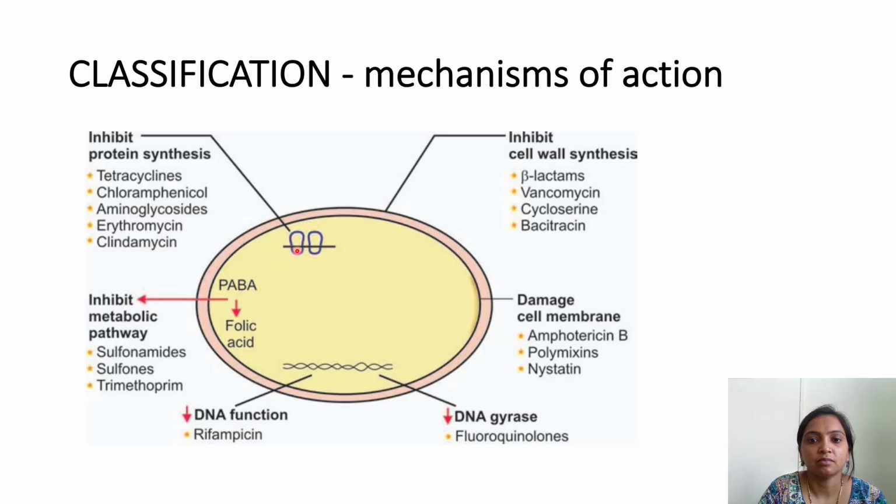The 50S and 30S ribosomal subunits bind, and the process goes on. These groups of antibiotics either bind to 50S and 30S, or some bind to aminoacyl tRNA synthetase, which helps in binding the new tRNA to the next codon. Various steps are inhibited by these classes of antibiotics: tetracycline, chloramphenicol, aminoglycosides, erythromycin, clindamycin. Thus they inhibit protein synthesis.